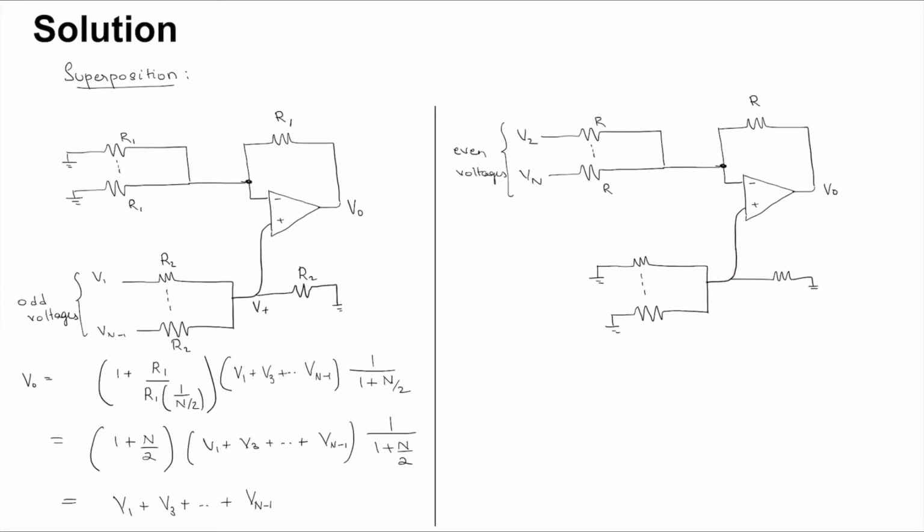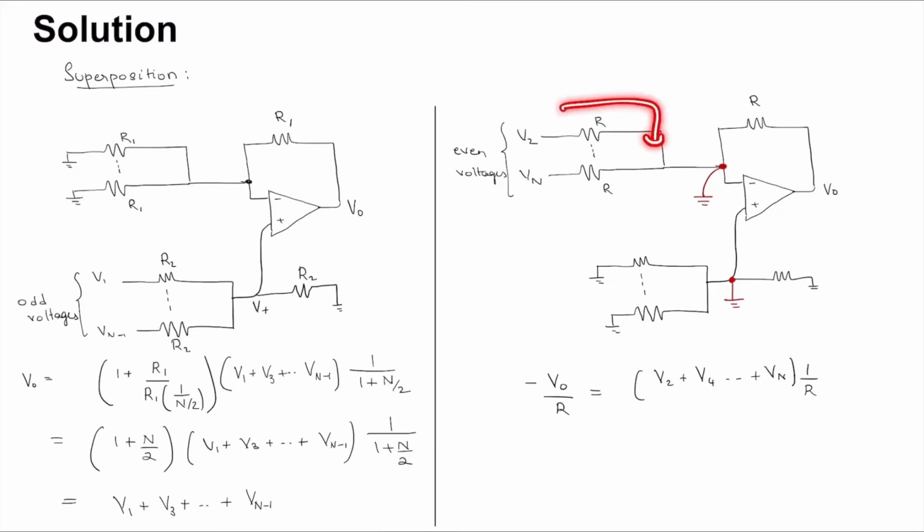So since now this is 0 volt, it's clear to see that all the currents coming like that should be equal to the current going out like that. So minus V out by R is equal to V2 plus V4 so on till Vn, times 1 by R, right?